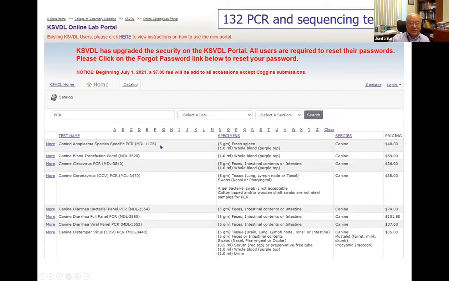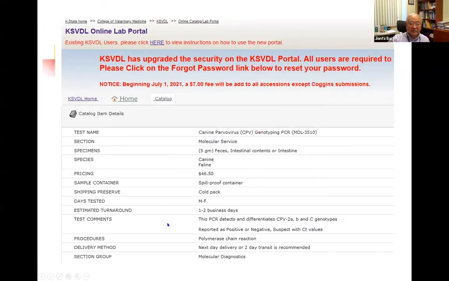If you are interested, on the website we have a portal here. If you put in PCR, you are going to end up with about 120 different assays we provide on a routine basis. There's also a button called More if you want more information. It'll provide more information for a particular assay you are interested in.